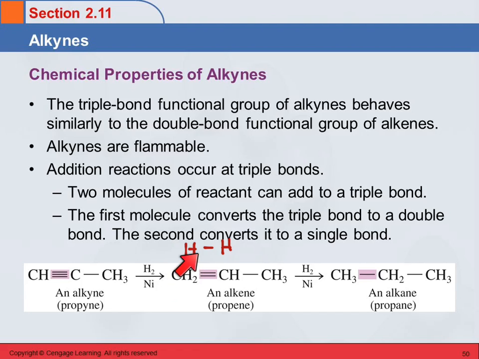And 1 hydrogen goes here and 1 hydrogen, wait, I got ahead of myself. First it comes over here, comes in and lands. 1 hydrogen here, 1 hydrogen there. What we get then is there's 2 hydrogens now on this carbon, and there's a hydrogen on this carbon when there wasn't previously. And that triple bond has become a double bond. And then that will undergo another addition reaction, and we'll end up with an alkane.